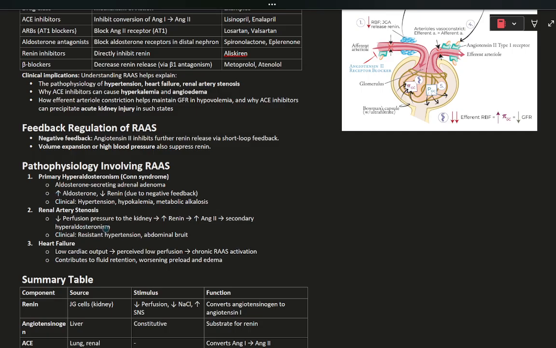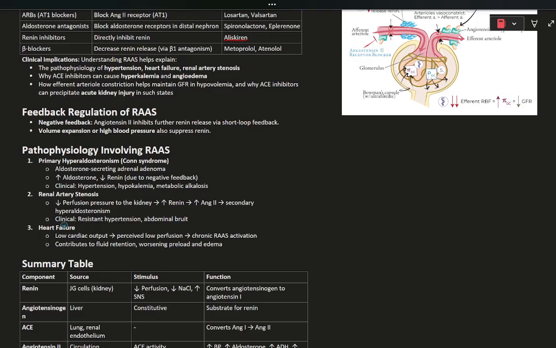In other words, it's something other than the aldosterone-secreting adrenal gland that is responsible for this increased production of aldosterone. So, the clinical presentation of renal artery stenosis will include resistant hypertension and the auscultation of abdominal bruits.